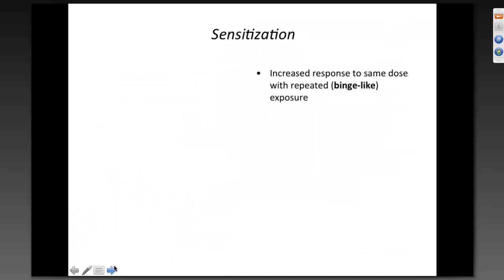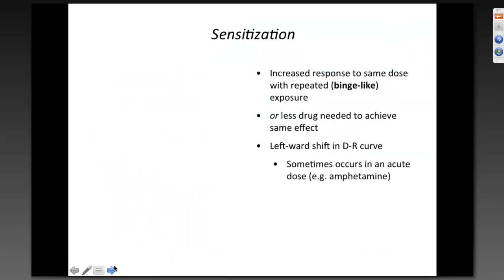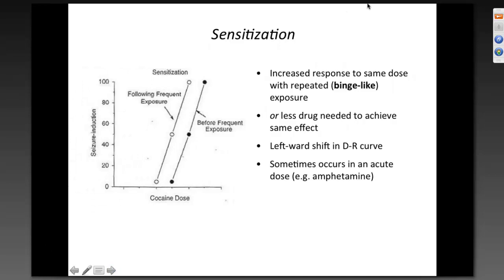So sensitization kind of makes sense that if I told you desensitization was a rightward shift, then sensitization is a leftward shift. Sensitization and potency you can look at in the same neighborhood of definitions.